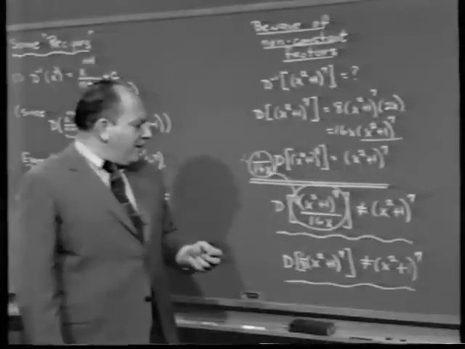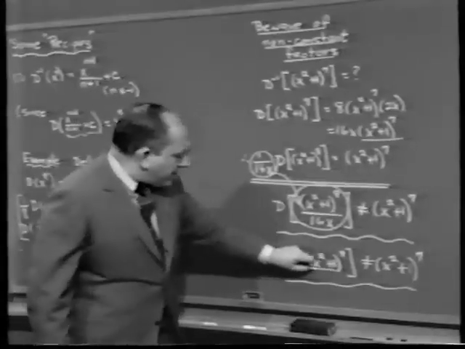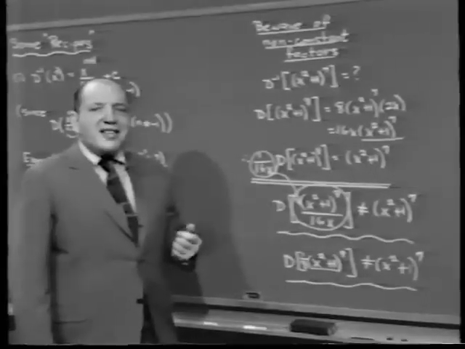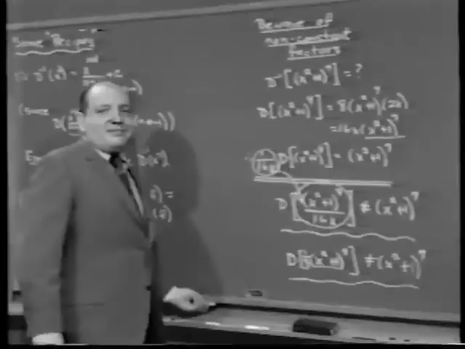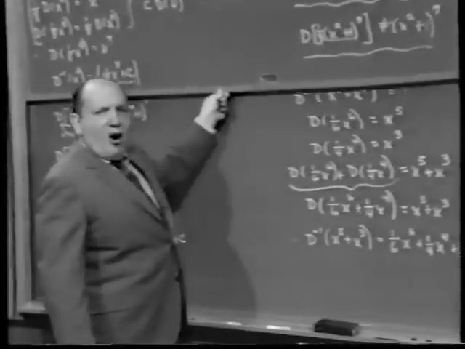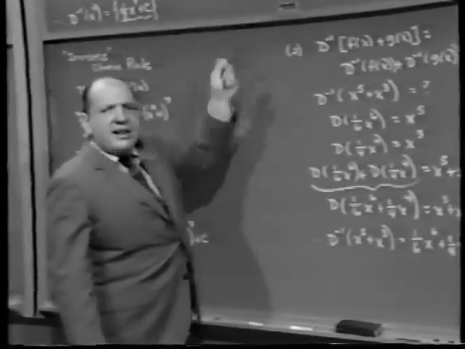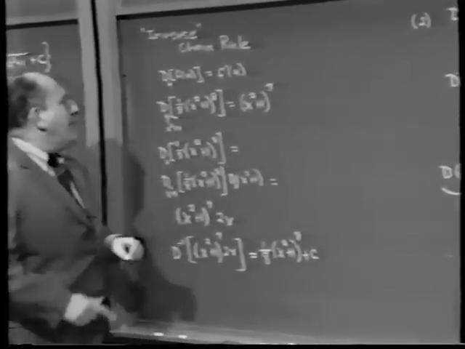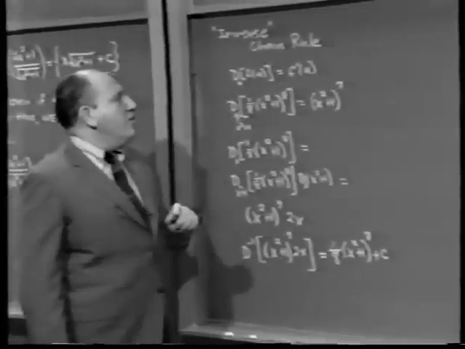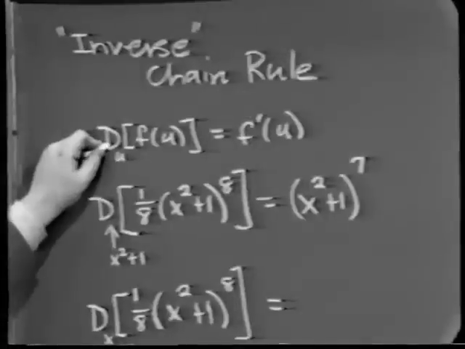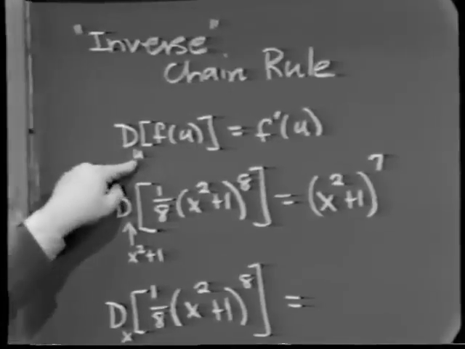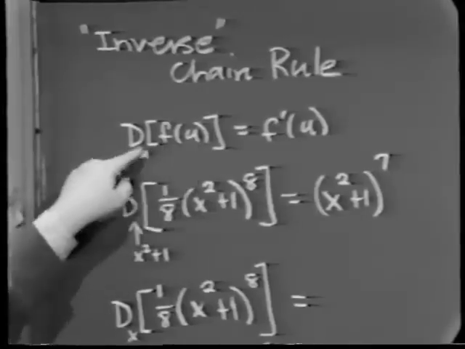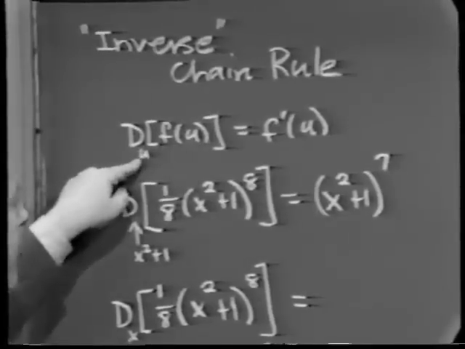And the question that may now come up is, how come this worked when you were raising x to the 8th power, but it didn't work when you were raising x squared plus 1 to the 8th power? Again, as always in these cases, the answer is immediately available in terms of derivatives. We can talk, in fact, about the inverse chain rule. Remember I mentioned this at the very beginning of the lecture, that the variable inside the parentheses was the one with respect to which you were differentiating.